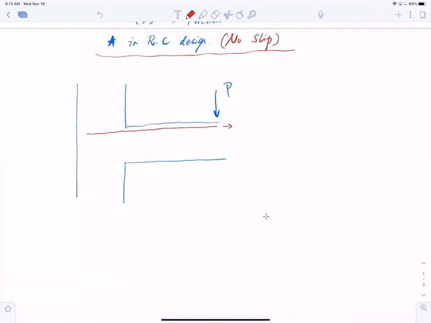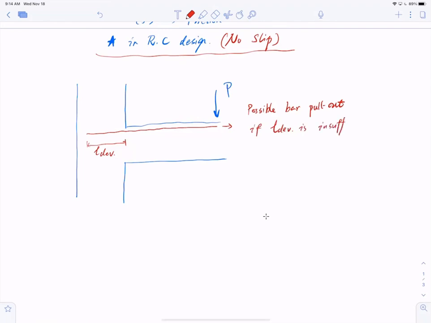If I don't embed the bar deep enough into the column, what will happen? The bar will simply slip and get removed from the column, or we call it pull-out failure. So possible bar pull-out if the development length is insufficient.